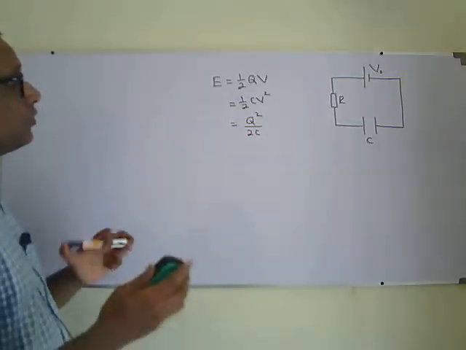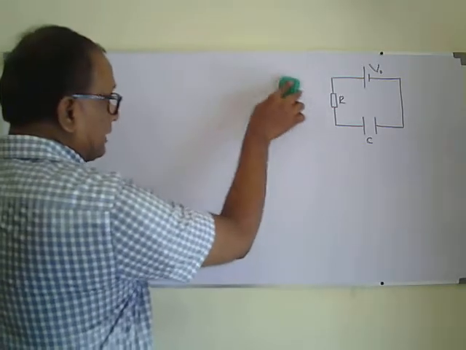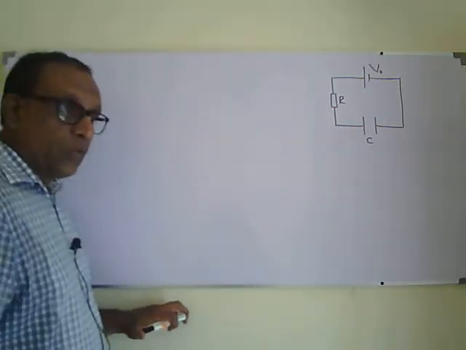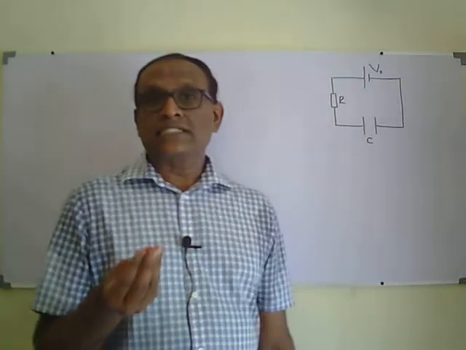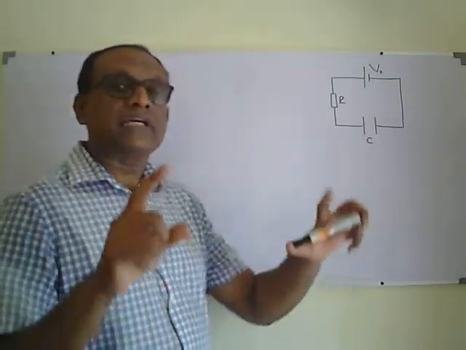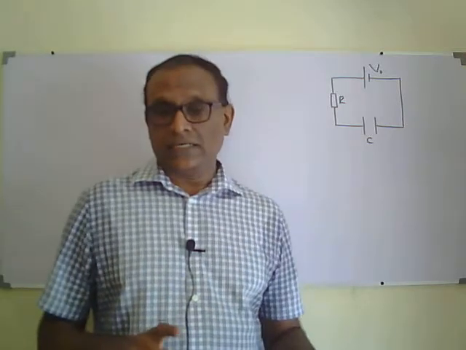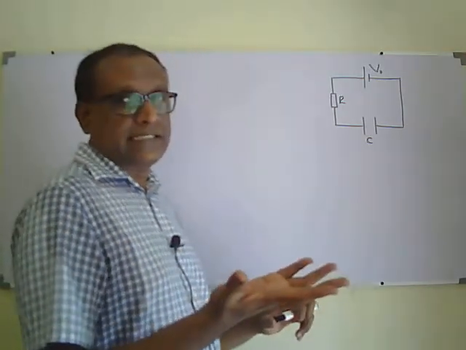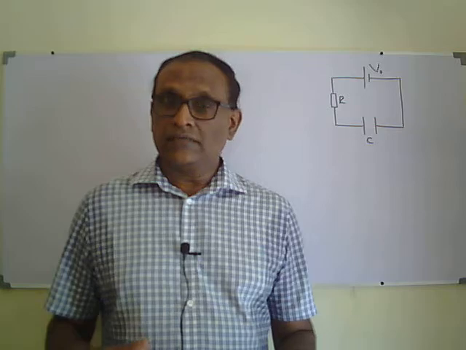Right. Now, what do you mean by discharging a capacitor? Discharging a capacitor means whenever the capacitor loses its charge. How does that happen? We can use a charged capacitor like a DC power supply, right?